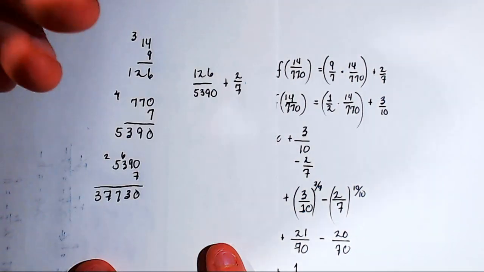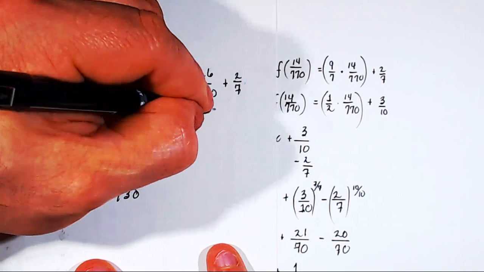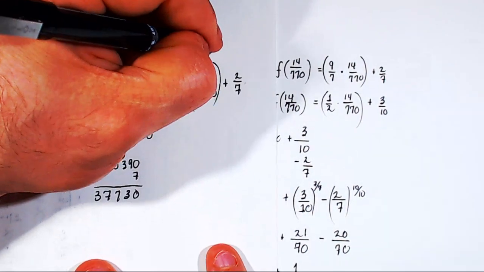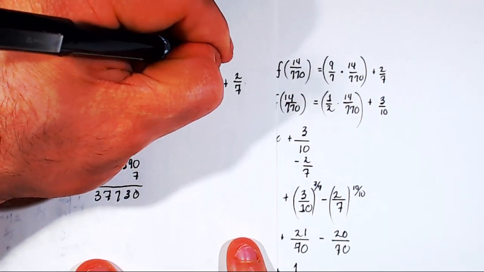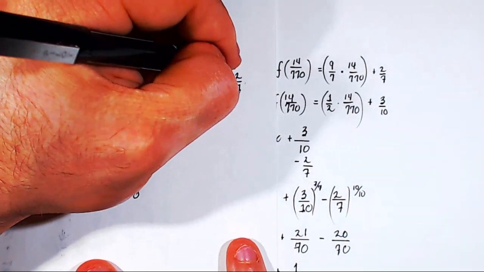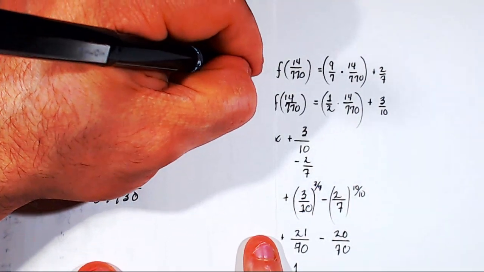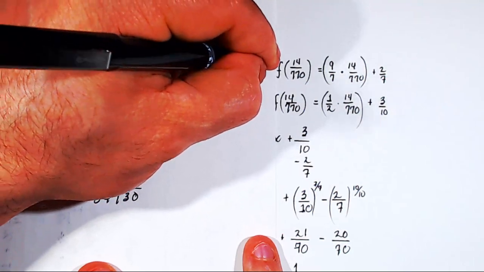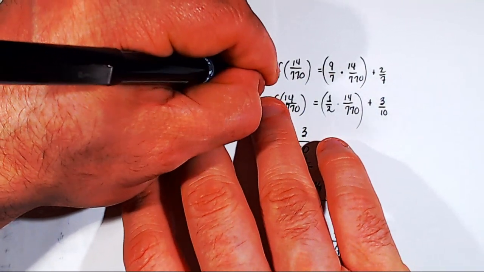All right. So what that means is I'm going to multiply this by 7 over 7 and this by 5390 over 5390.